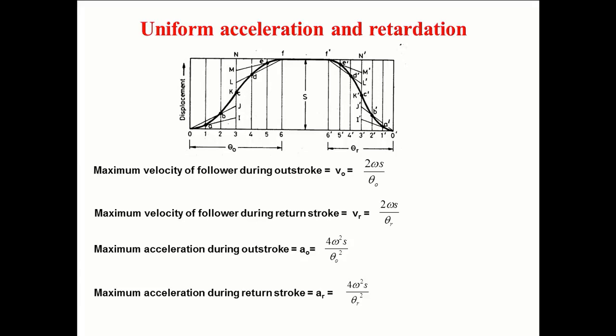Theta O represents angle covered during outstroke, theta R represents angle covered during return stroke. Similarly, VO is maximum velocity during outstroke, VR maximum velocity during return stroke, AO maximum acceleration during outstroke, AR maximum acceleration during return stroke.